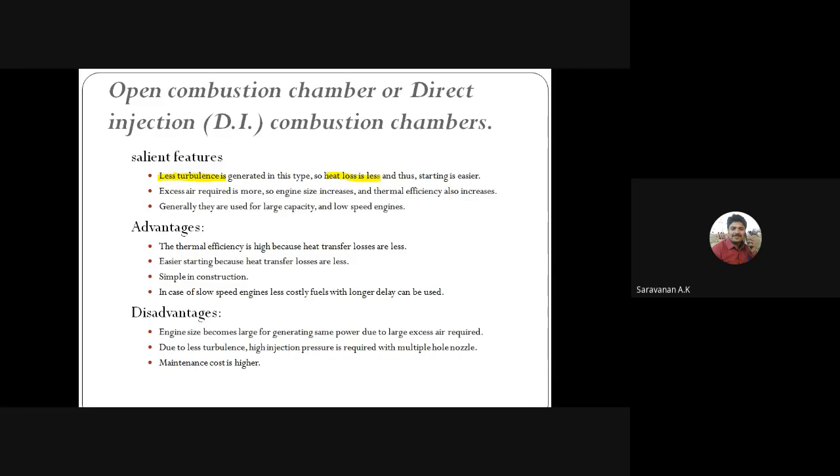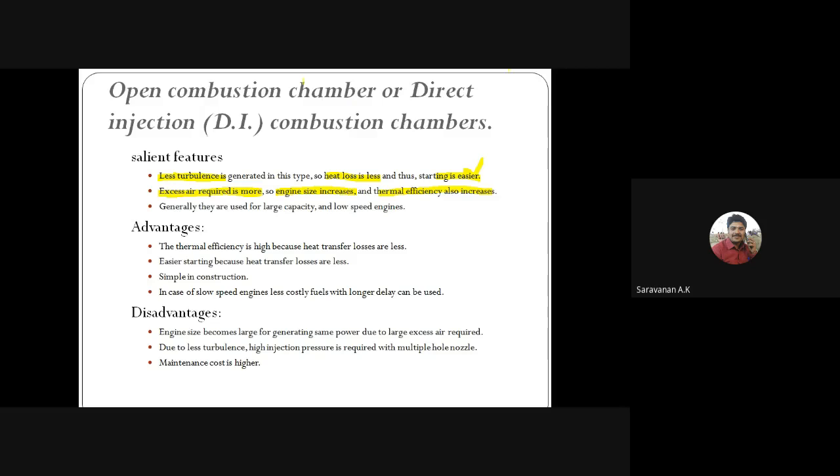So starting is very easy. Then the excess air required is very more, and so the size of the engine increases. If the size increases, then the thermal efficiency also increases, right?